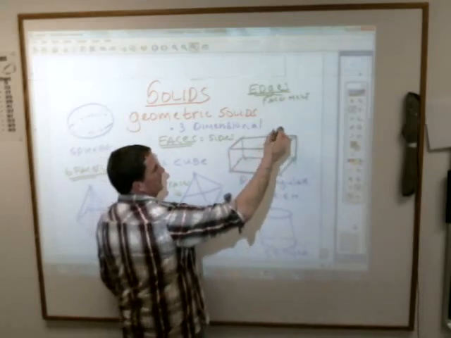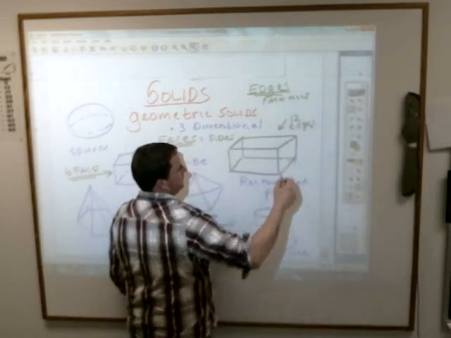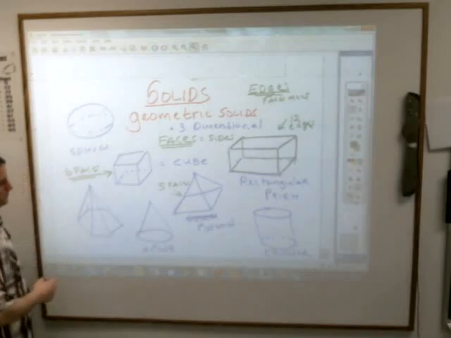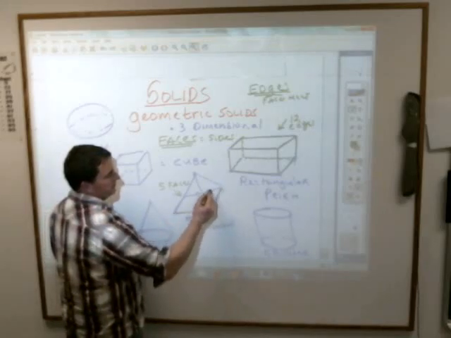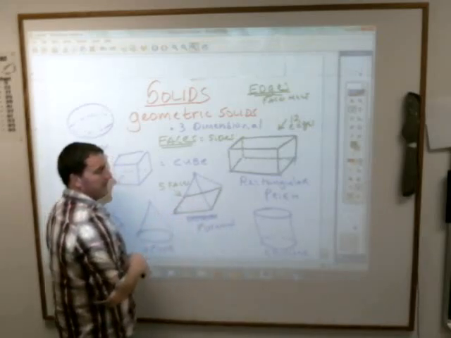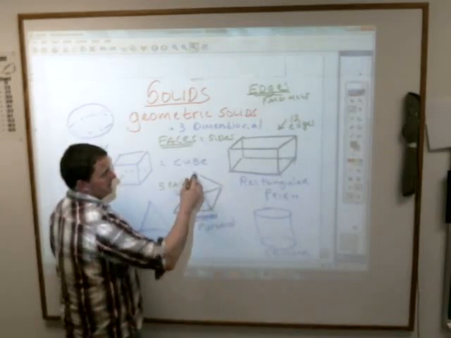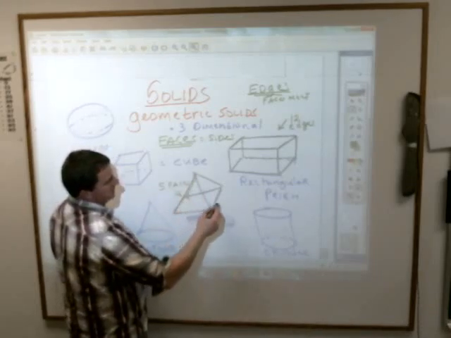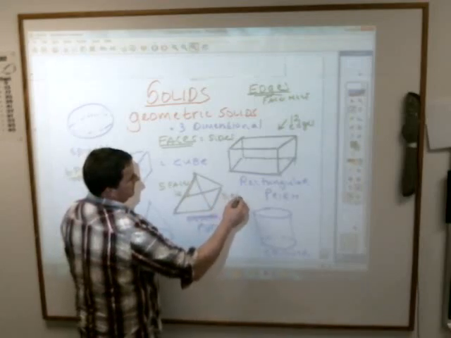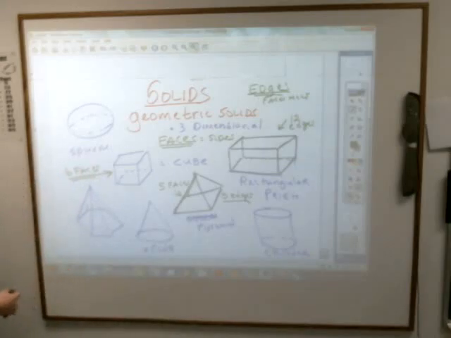So this thing has 12 edges. Whereas this square pyramid has 1, 2, 3, 4 that make up the bottom, and then you've got 5, 6, 7 that come out here, and then there's another corner right there, which would make 8. If you hit your head on the edge of the table, that's in the corner right there.